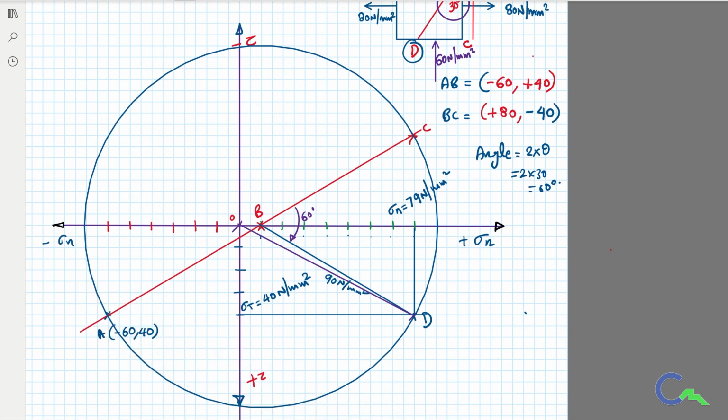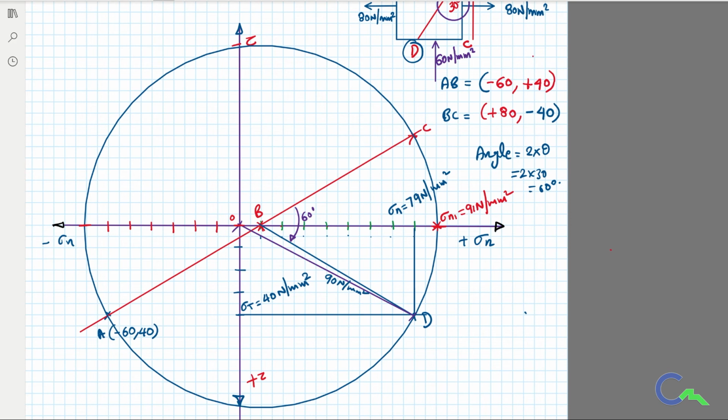So let us see what the principal stresses are. Directly I will get those values. The definition is that on the principal plane shear stress is 0. So shear stress being 0 means the x-axis will be the principal plane, therefore the major principal axis. I will get the first value sigma n1 around 91 Newton per millimeter square if you measure 10, 20, 30, 40, 50, 60, 70, 80 and 90.